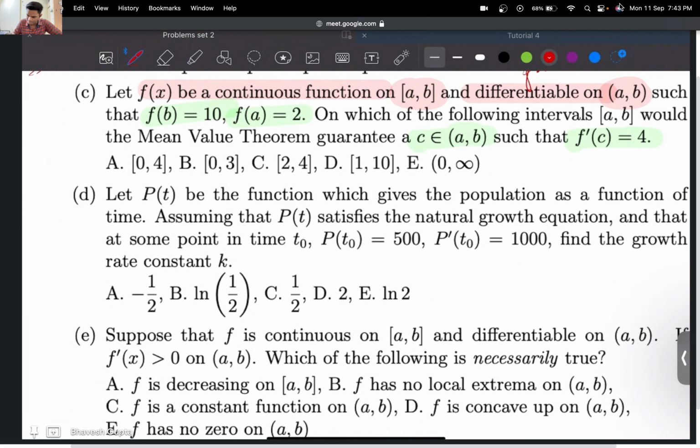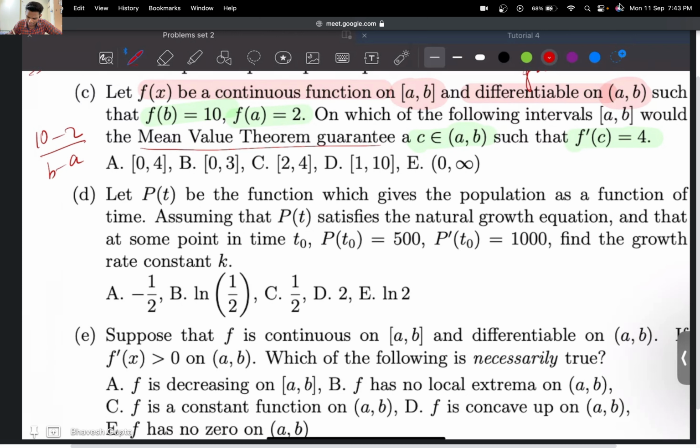If we apply the mean value theorem, that has to be (10 minus 2) divided by (p minus a).